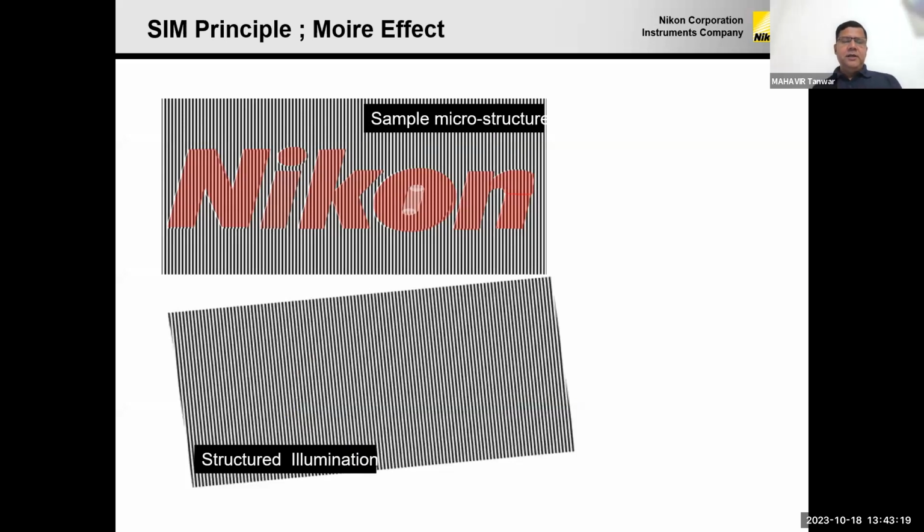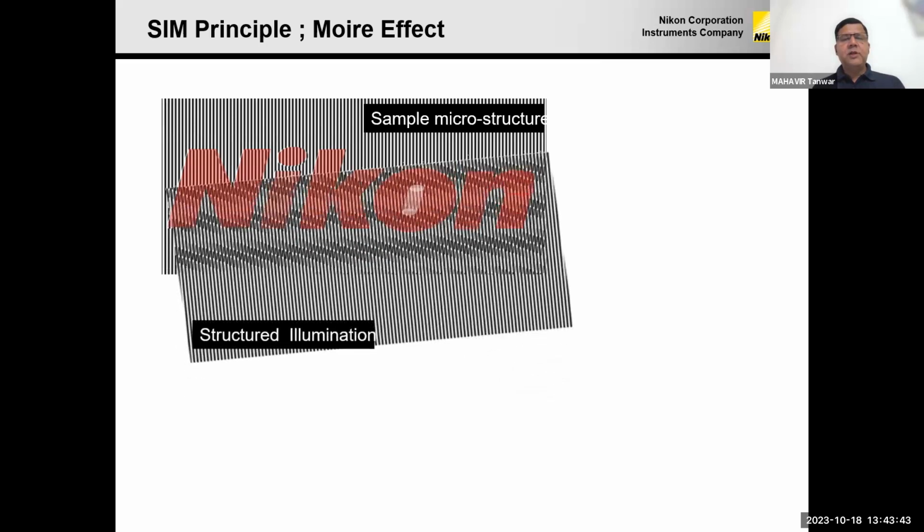And using a structured illumination SIM system, we implement a known frequency on the sample microstructure frequency. That means we have a known frequency, which we have implemented as a human being in the system, which is basically a SIM high frequency.